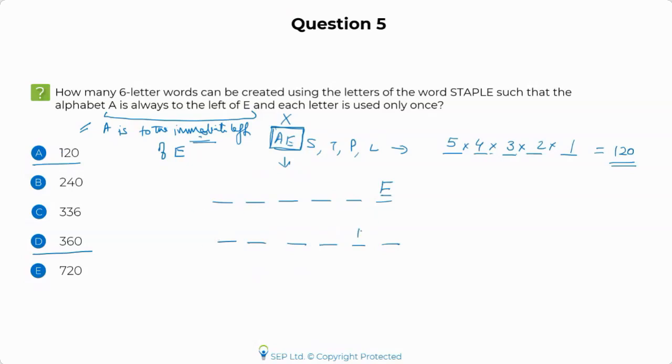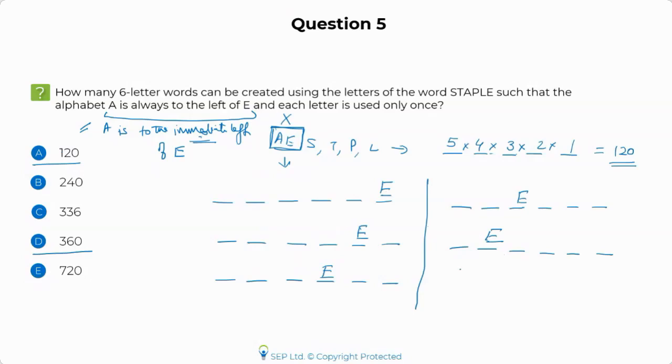So it is best to make cases and think: let me place E at this place, at this place, at this place, at this place, and at this place. So E can be placed at any of these places.